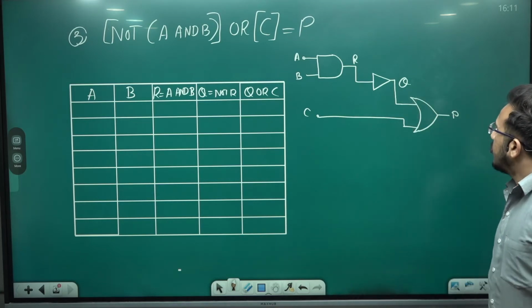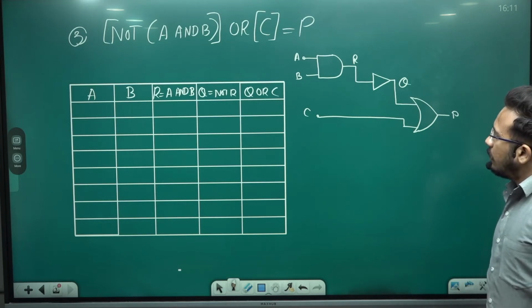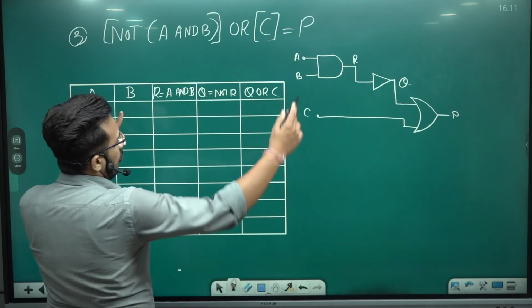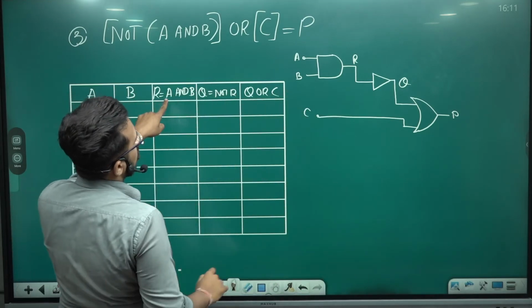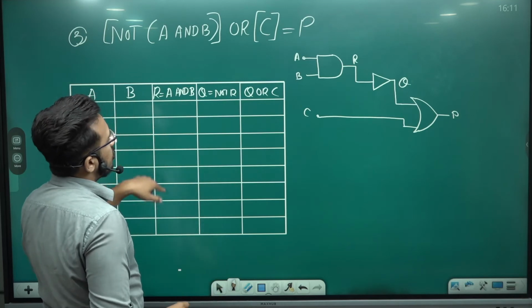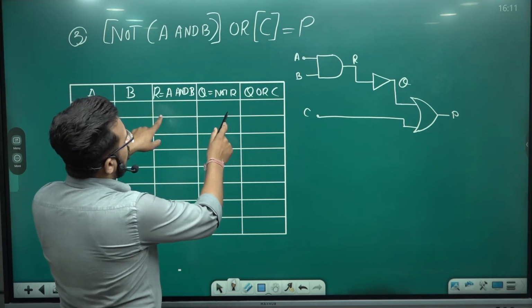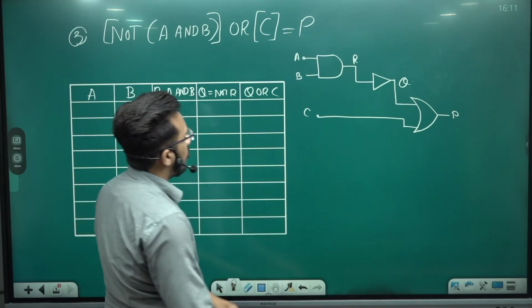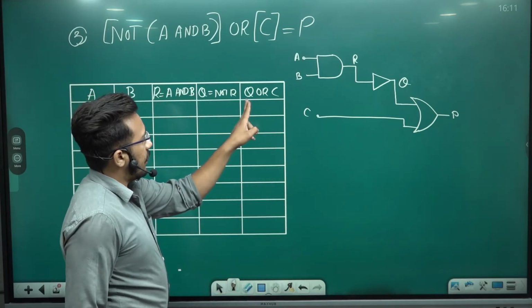Check. A, B are for A and B, so we're going to have R as well over here. Now not R as Q, and Q or C as P. So this is P as Q or C.